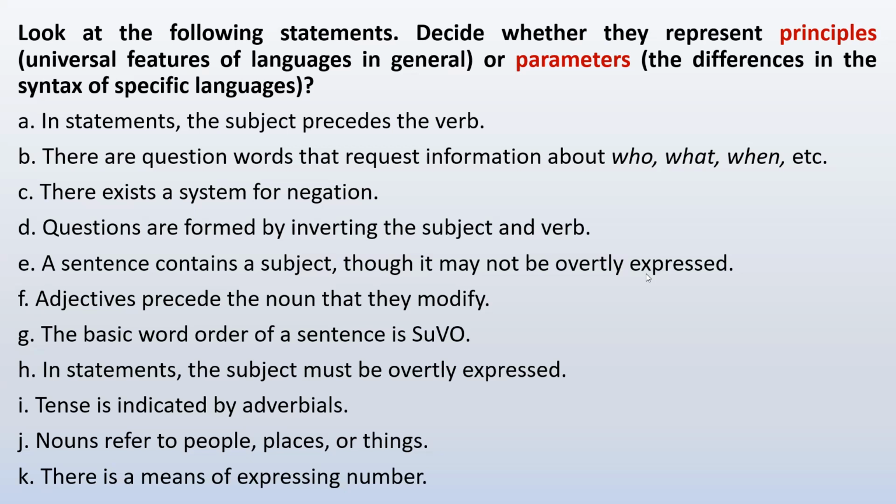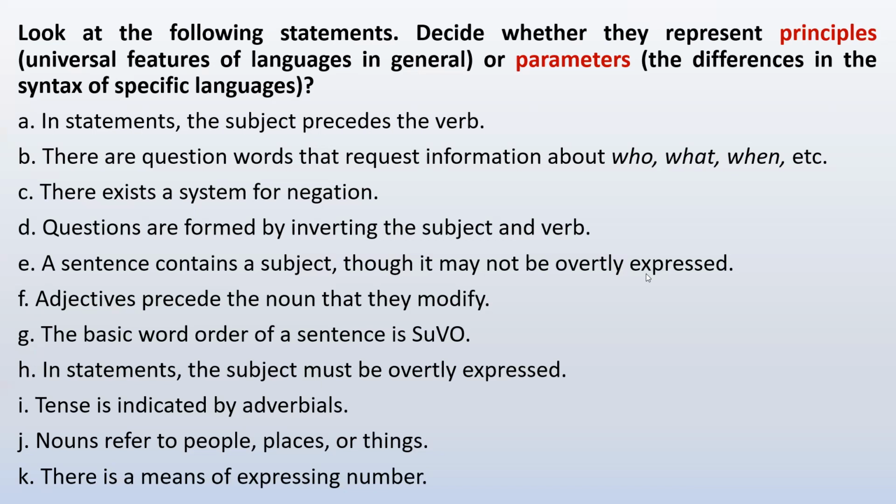That system can vary from language to language, but this statement says there exists a system for negation. So what about it? Parameter? Is that a parameter or principle? I think that is a principle, ma'am. That is a principle, right? Now, how that system varies can depend on the nature of the language, but the system is there throughout the languages in the world, right?